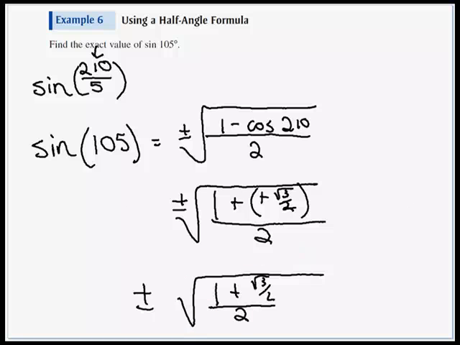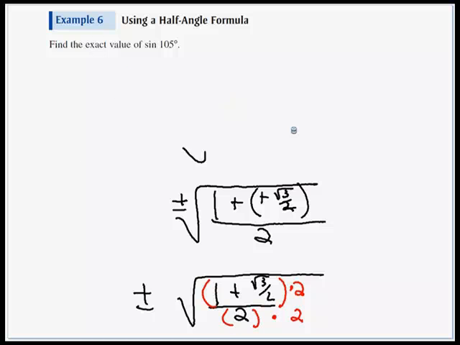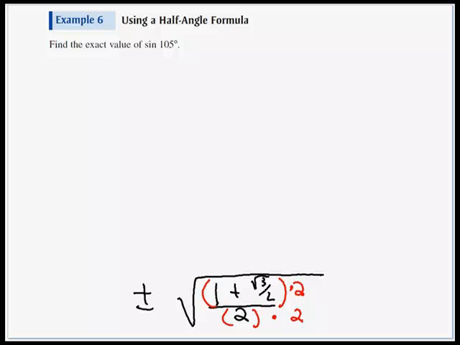And underneath that radical, I don't like that we have a fraction within a fraction. If I multiply this numerator times 2, I'm going to also multiply the denominator times 2 to be fair. Oh, and we are in sine of 105. 105 degrees would put us somewhere in quadrant 2.